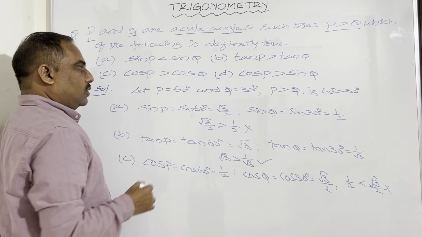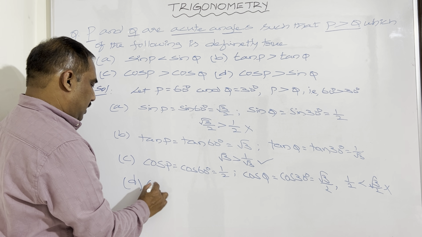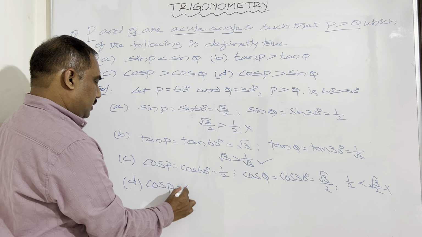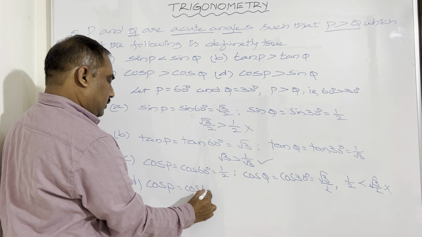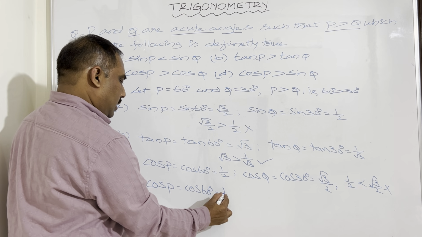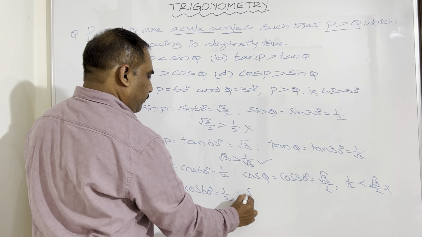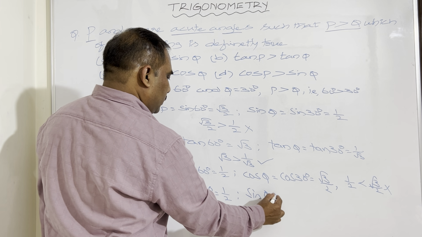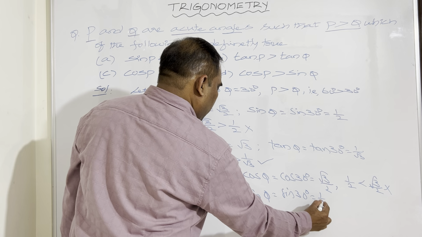And also the fourth option: if you verify, cos P is equal to cos 60, as we already got in the third option, 1 by 2. Now sin Q is equal to sin 30 degrees, which is also 1 by 2.